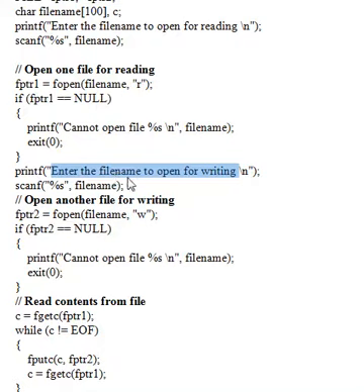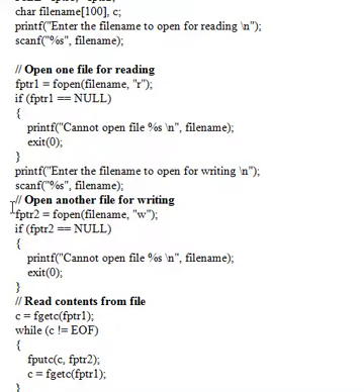So I have to enter another file name. In that particular file the data will be stored. So the scanf function will read that second file name and it will be stored in the array filename. Now filename has the name of the file which we opened for writing purpose. That is the destination file.